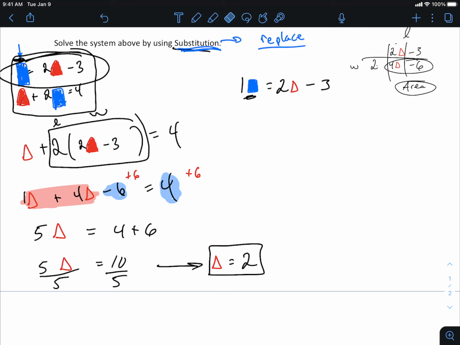All right? So you're like, okay, no problem. Well, I just found what one red triangle was worth. Does that mean I could take it and replace it right here? You bet it does. So now you're going to get, okay, a blue square is equal to 2, open a bracket, what is a red triangle worth?